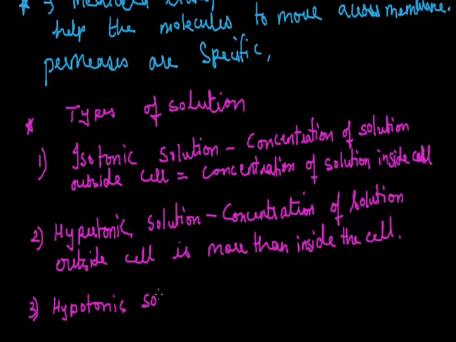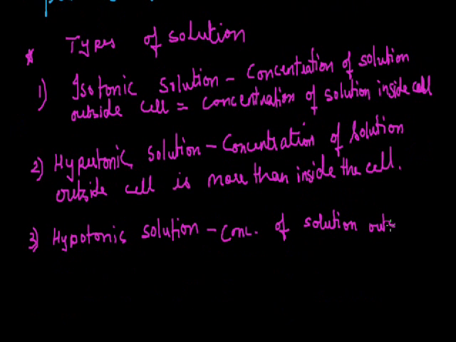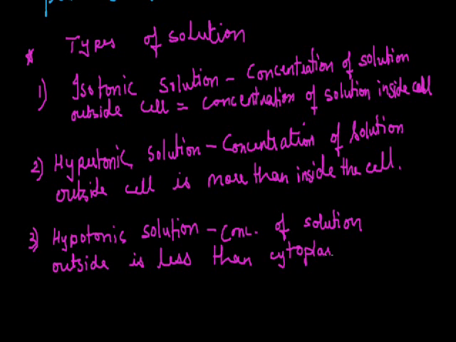Hypotonic solution is a solution when the concentration of the solution outside the cell is less than that of the cytoplasm of the cell, or less than the concentration of solution inside the cell.